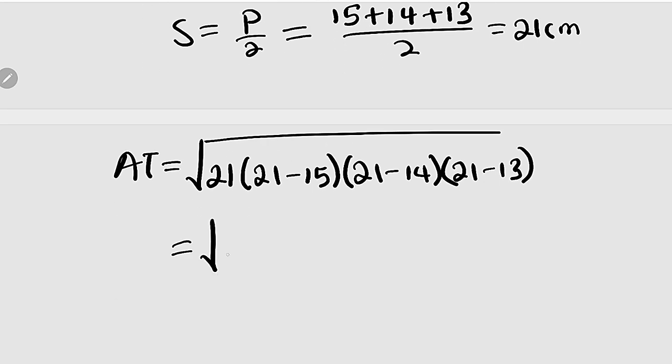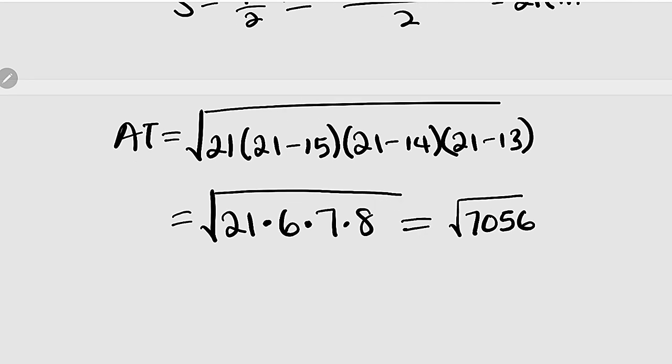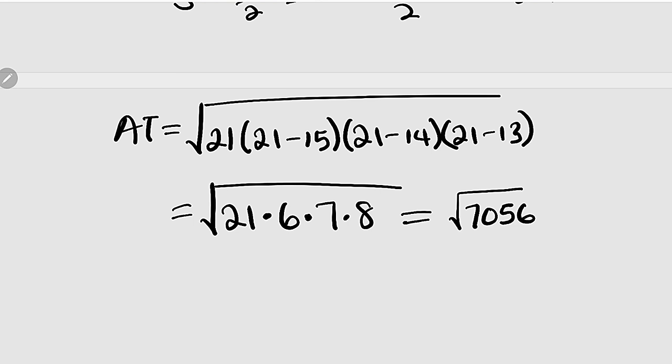This will give us the square root of 21 multiplied by 6, multiplied by 7, multiplied by 8. If you multiply all of this together, you're going to get 7,056. And if you take the square root of 7,056, that will give us exactly 84. Therefore, the area of that triangle is equal to 84 cm squared.